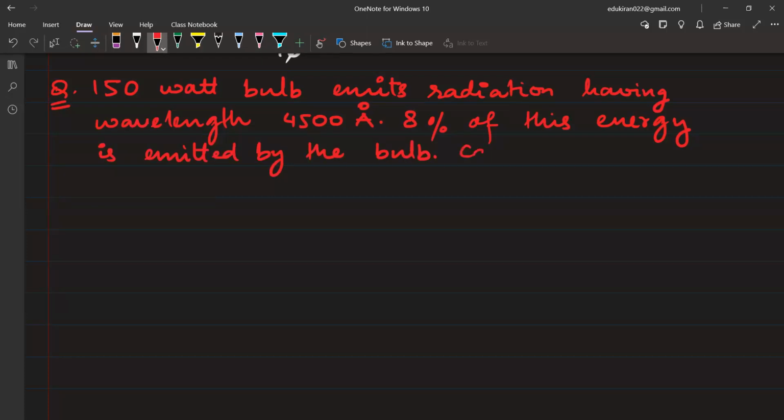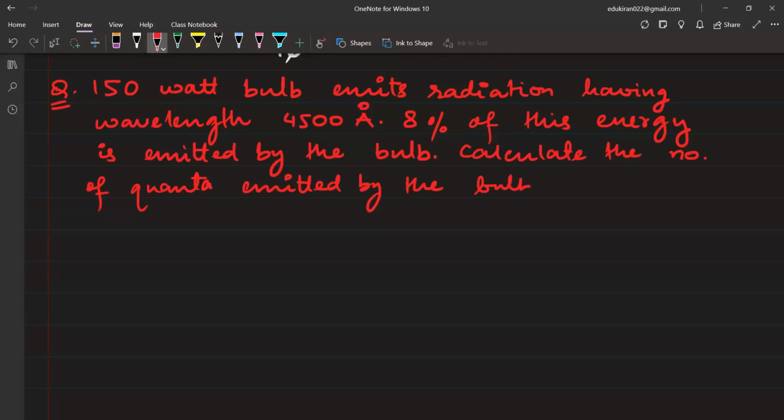Calculate the number of quanta emitted by the bulb in 1 second. Please write the question.